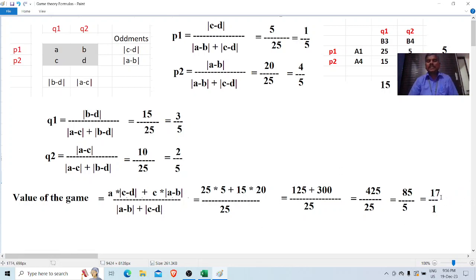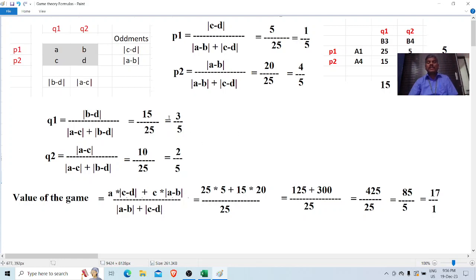The probability with which player 1 will use strategy A1 is 1 by 5. The probability with which player A, in our case firm A, will use the fourth strategy is 4 by 5. Likewise, the probability with which player B has to use the third strategy is 3 by 5.